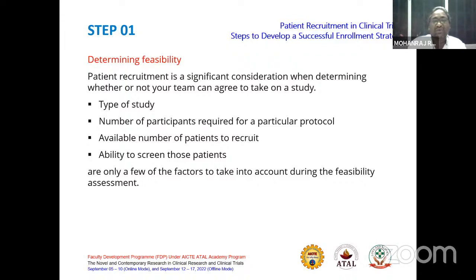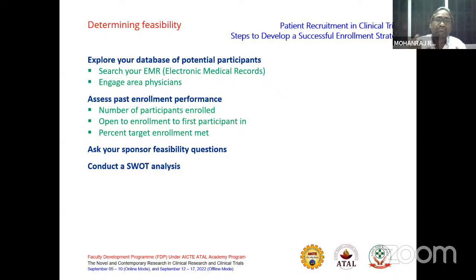And they are well versed in communicating with the public or the population in need, in whom we are going to perform the particular clinical trial or research. So, to determine feasibility, we have to perform four important subcategories.